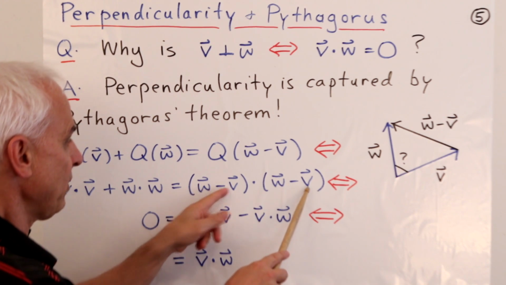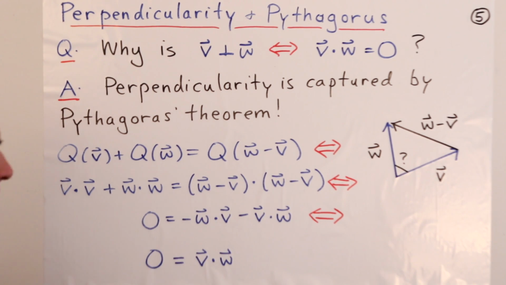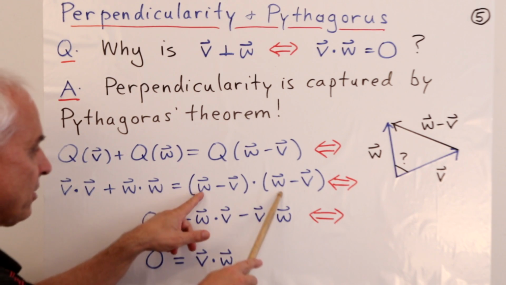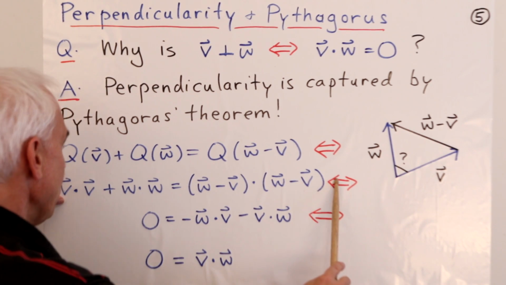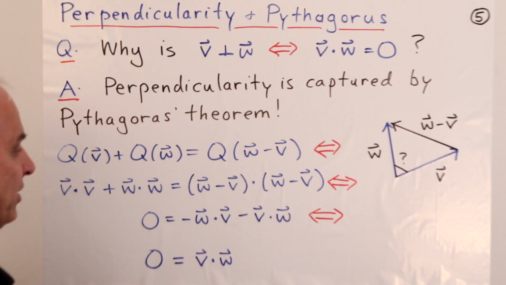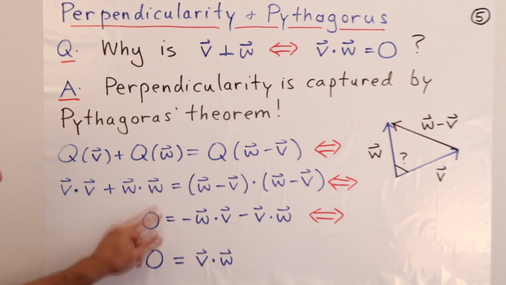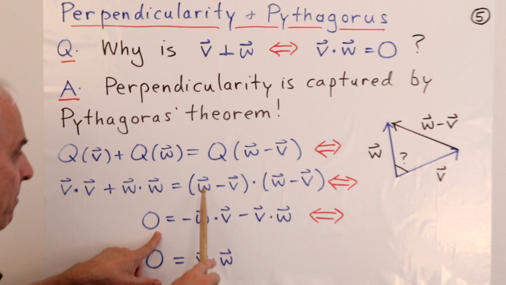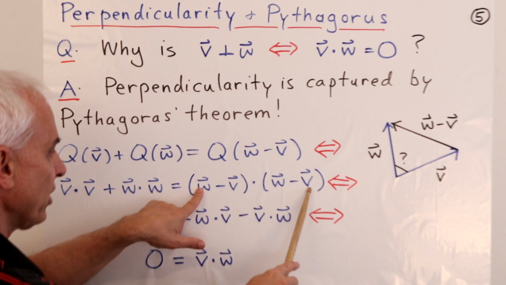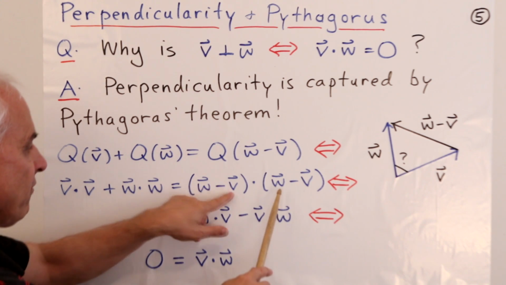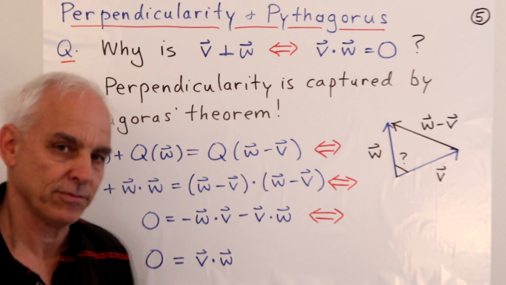The v dot v and the w dot w cancel. So this second equation is equivalent to this third equation, which says that 0 equals minus w dot v minus v dot w.